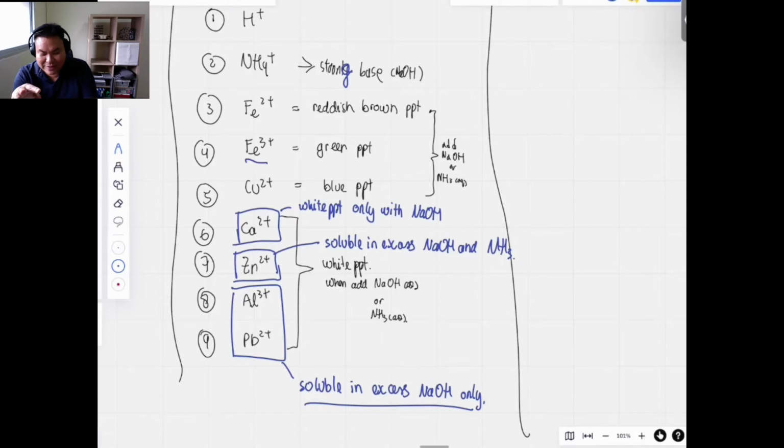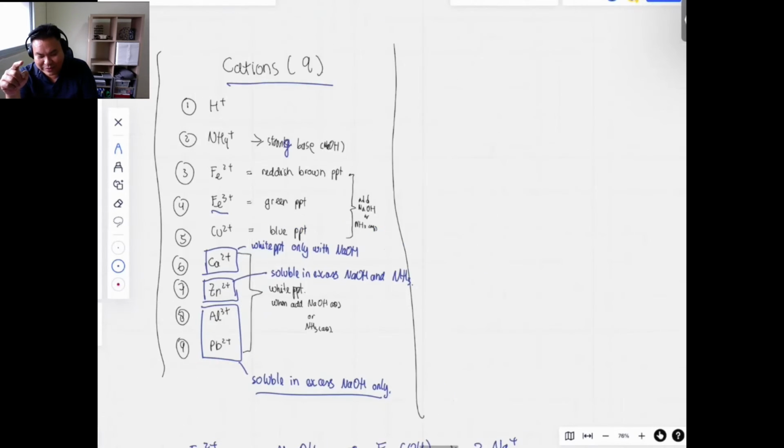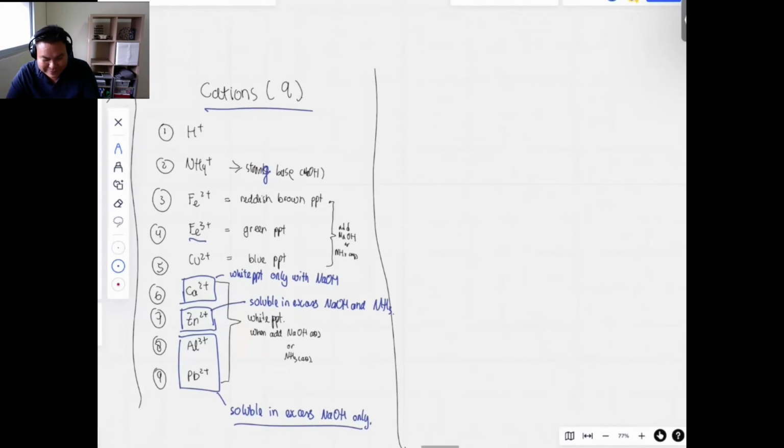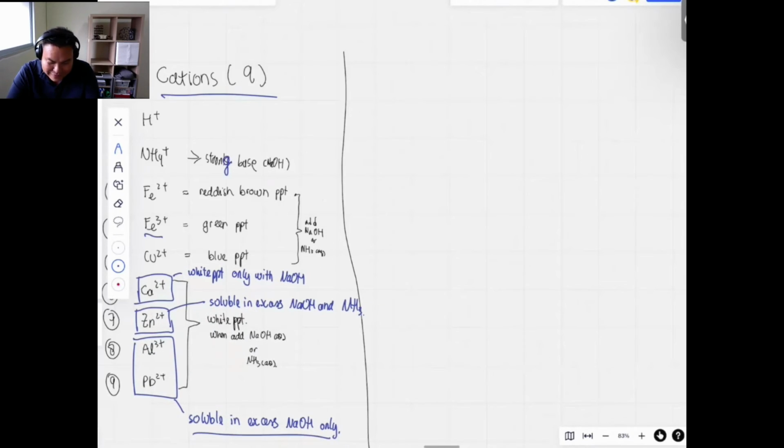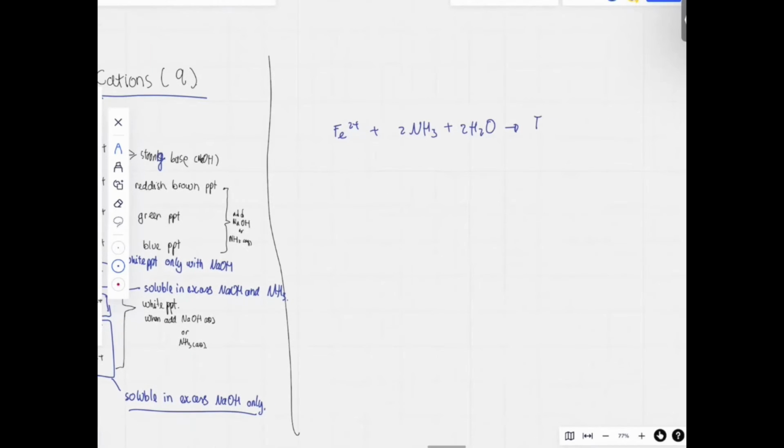And you can add sodium hydroxide or aqueous ammonia. That means the reaction is like this: 2NH3 plus 2H2O plus Fe2 plus, you're going to get Fe(OH)2 plus 2NH4 plus.